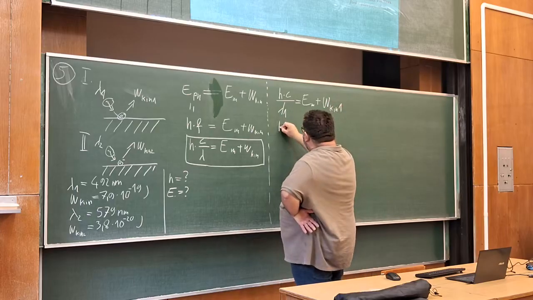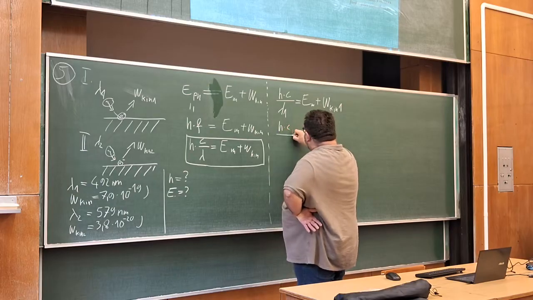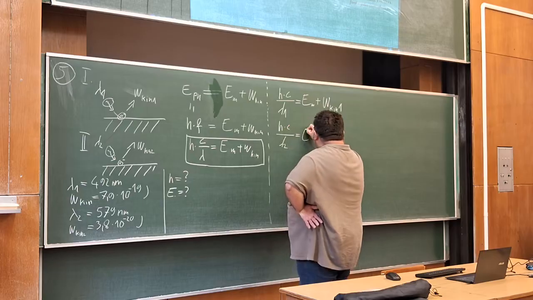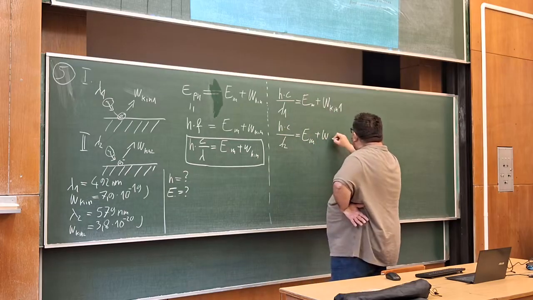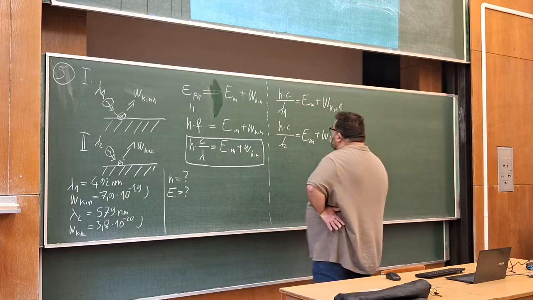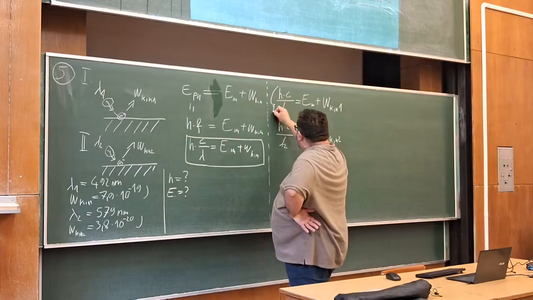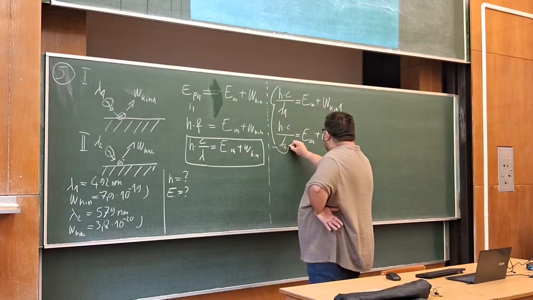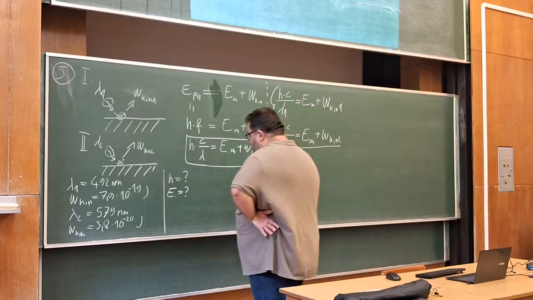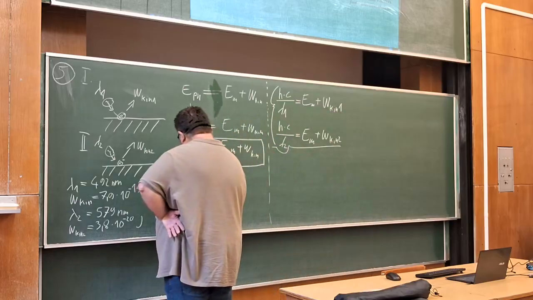And we have this twice. So, determine this E_M and the Planck constant.